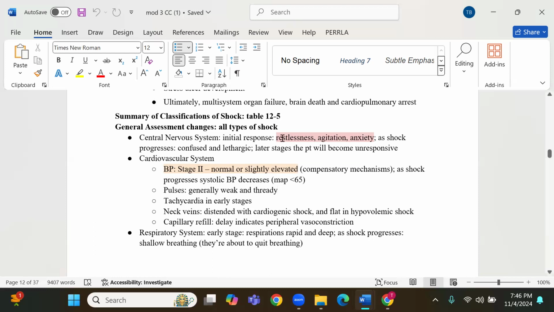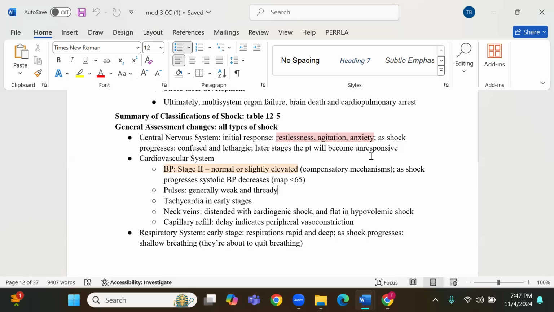When you see the word restlessness on an exam, it doesn't just mean they can't lay in bed. It means that their organs aren't getting oxygen. That's what it means. So restlessness, agitation, and anxiety will start to happen in this patient's body. And as shock progresses, they'll become confused and lethargic, and later they'll be unresponsive.